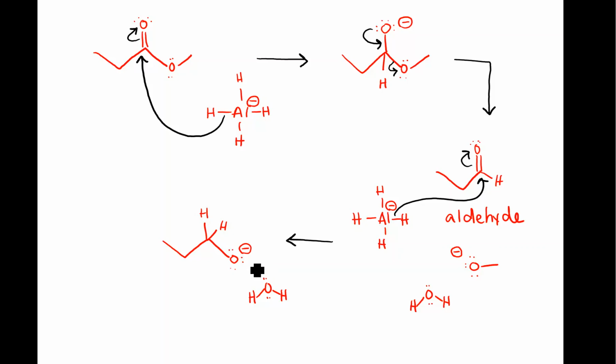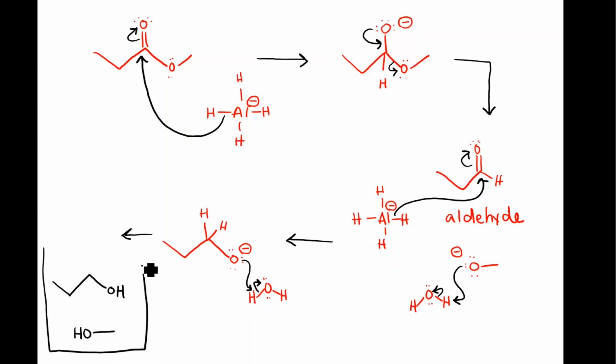This won't occur until we've quenched the reaction, because remember, water is not present initially, otherwise it would just react with lithium aluminum hydride in a proton transfer reaction. So in the end, we get the primary alcohol product and also some methanol. So we get 2 alcohols when the starting material is an ester.